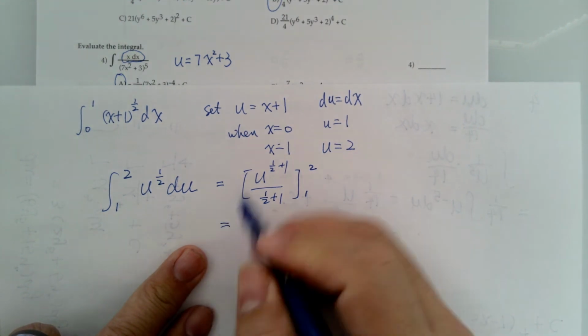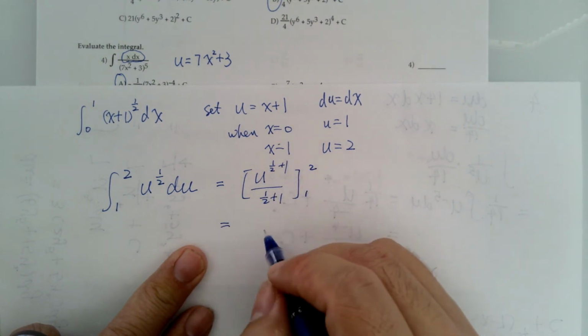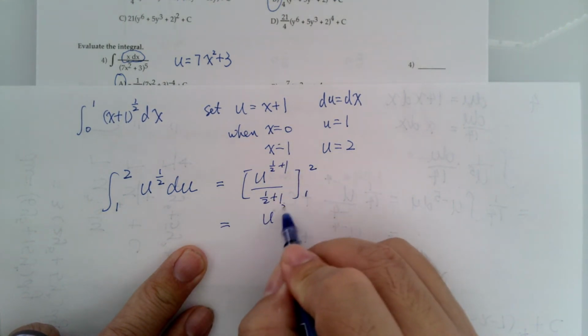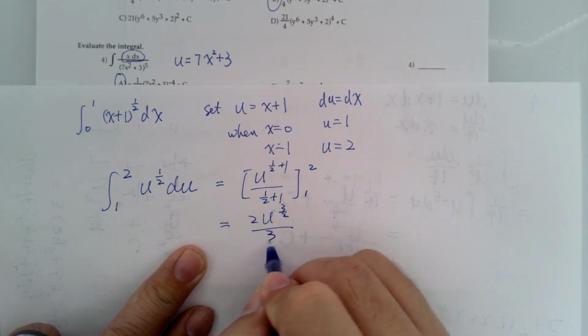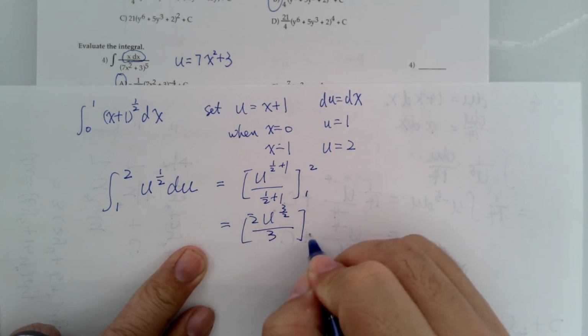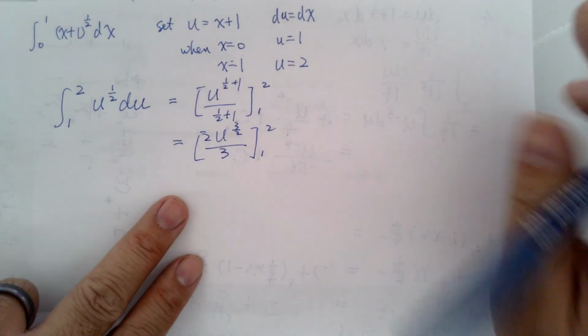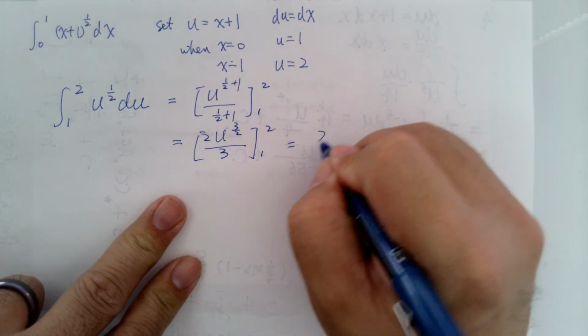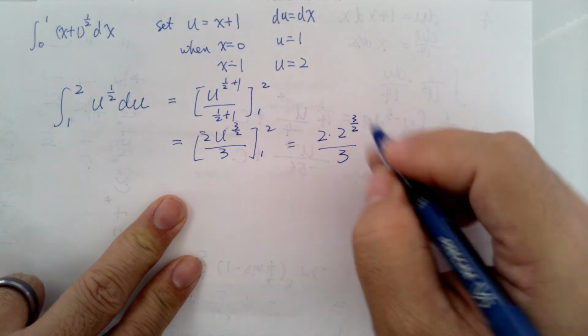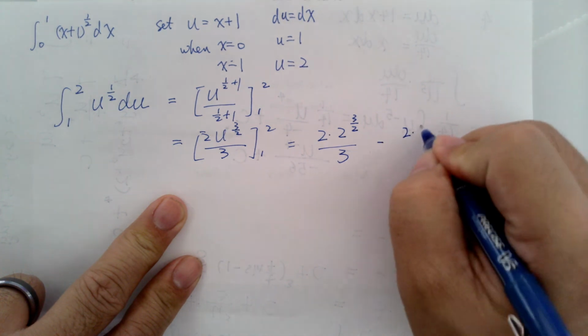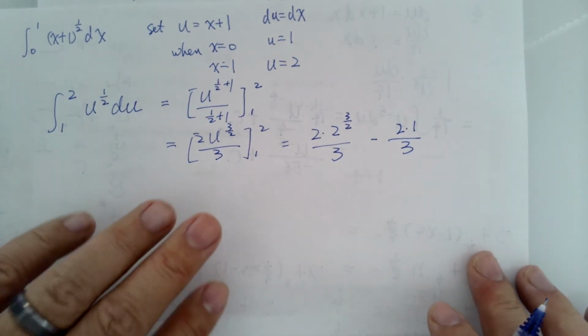If you simplify this, this is u to the power 3 halves over 3 halves, which becomes 2/3, evaluated from 1 to 2. Then we can write it as 2 times 2 to the power 3 halves over 3 minus 2 times 1 over 3.